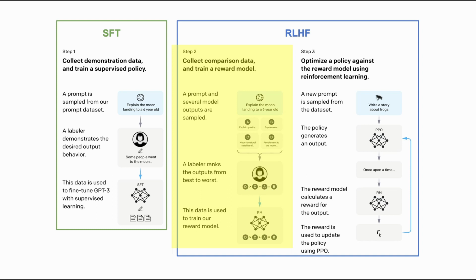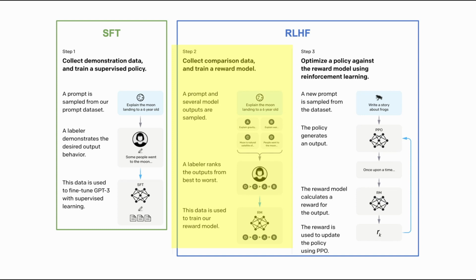What's interesting about reinforcement learning from human feedback is that you train an entirely separate reward model. You ask the model an input question and sample 4 different outputs from the model, and then you ask a human to rank the outputs from best to worst.